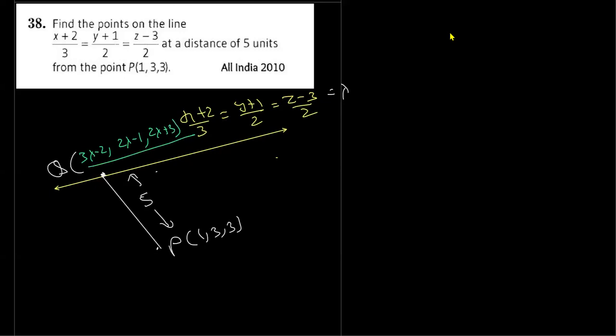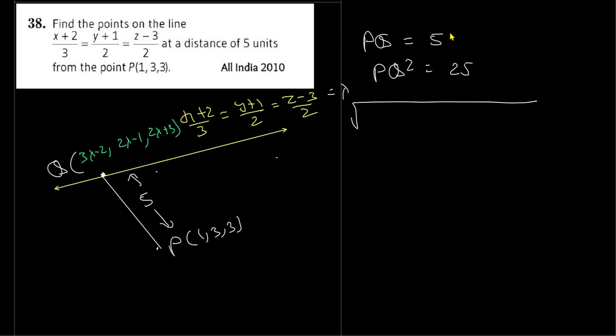So once we get the coordinates of Q, we know the distance is given to us. The PQ distance is given as 5, so PQ square will be 25. Now I'm going to apply the distance formula: (x2 minus x1) whole square.